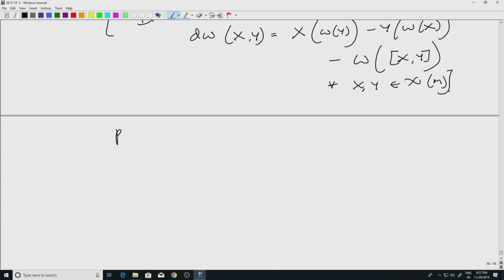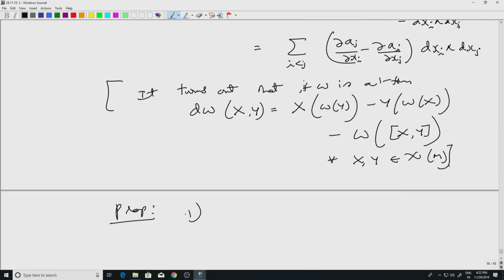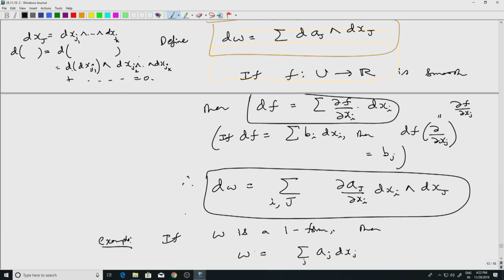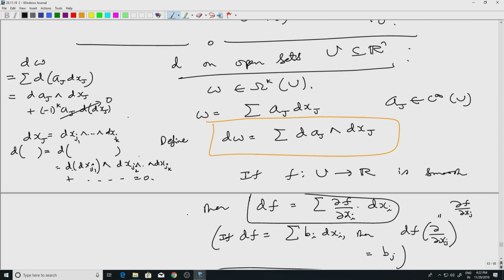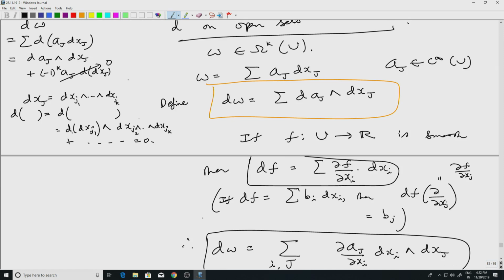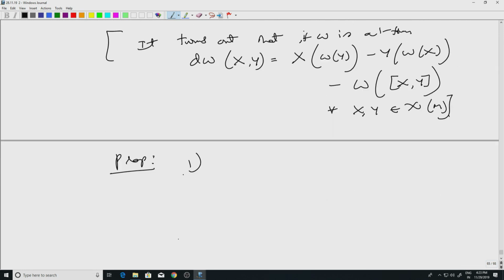So, proposition. The point is we now have a definition of d on open sets, namely this. The expression inside the orange box is our definition of d. We claim that this d is linear, which is quite trivial. I won't prove that.